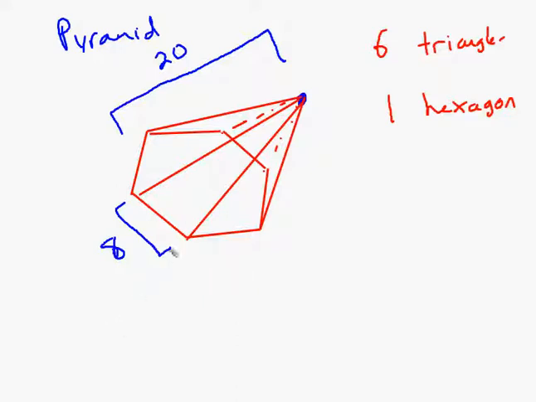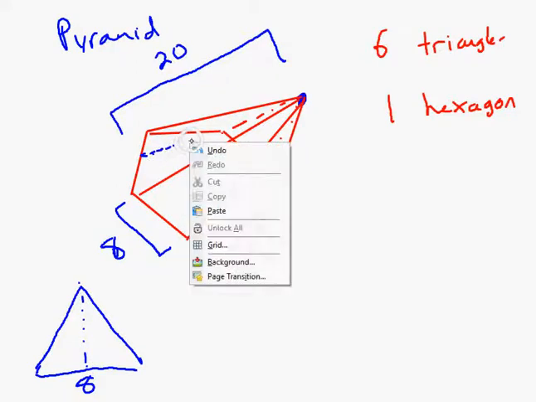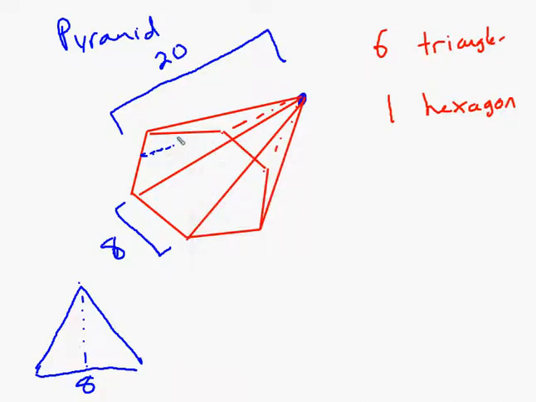Now, if I take one of these triangles and I just pull it out, I'm going to have an isosceles triangle, and this length here would be 8. But in order to find the area of this, I'm going to need the height of this triangle. 20. But if I, listen, if I draw this height right here, it is not 20.